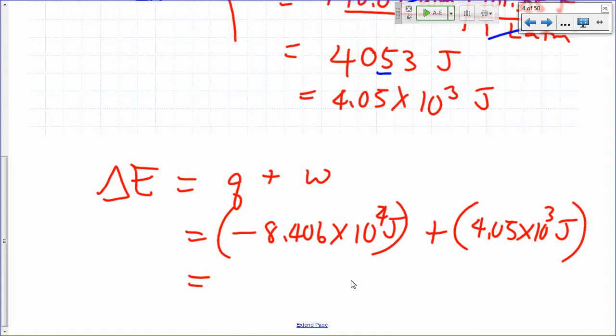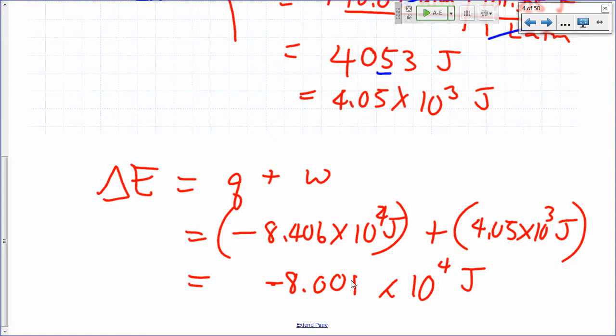Negative 8.001 times 10 to the fourth joules.